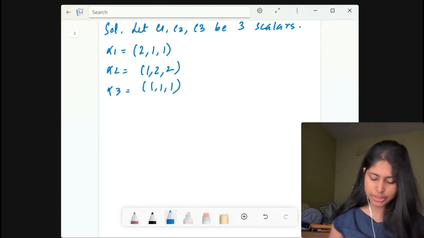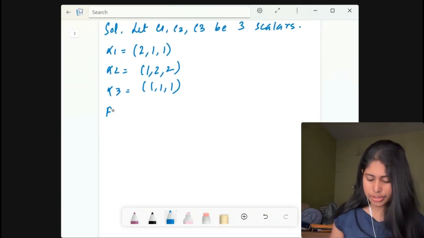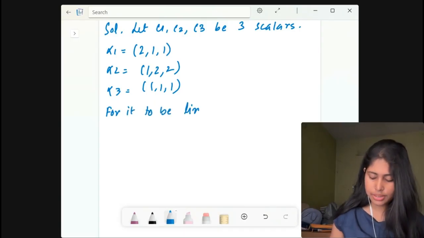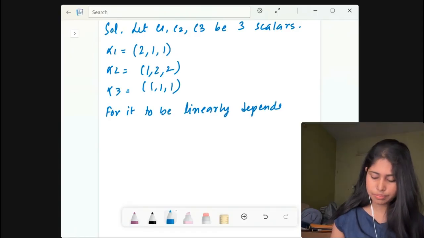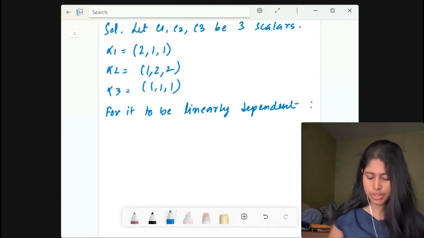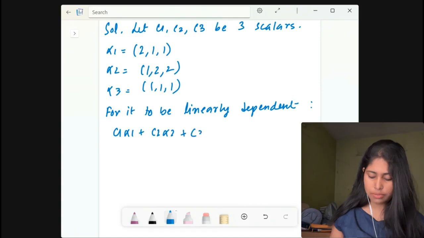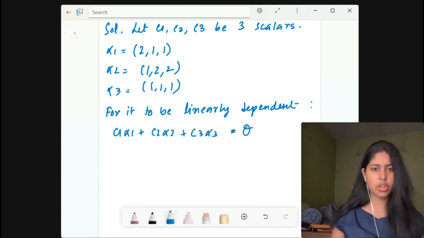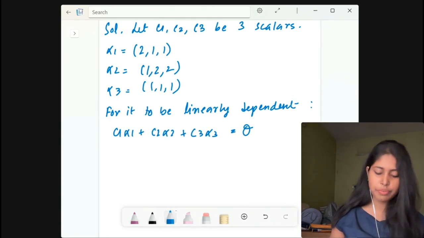For it to be linearly dependent, it must follow the condition C1 alpha 1 plus C2 alpha 2 plus C3 alpha 3 is equal to theta, where theta is the zero vector, right?